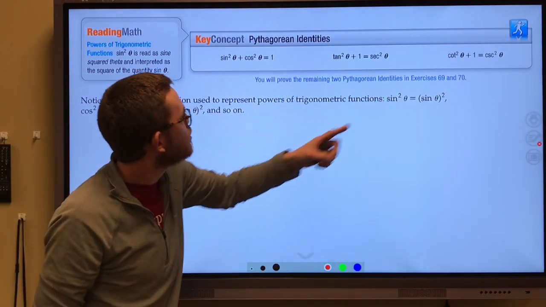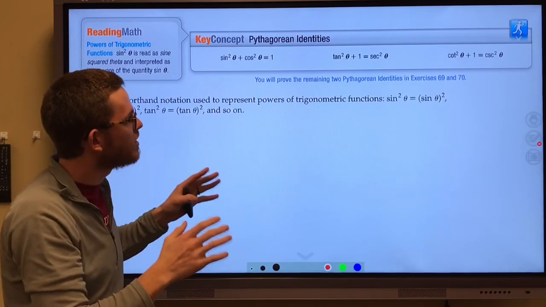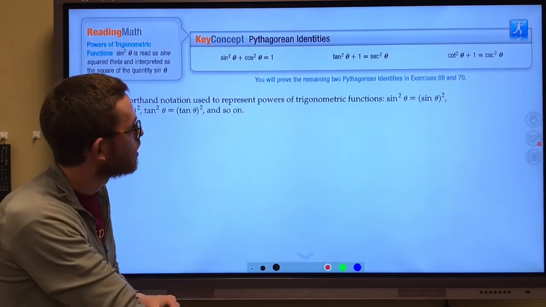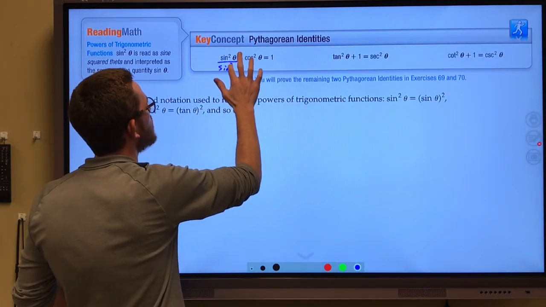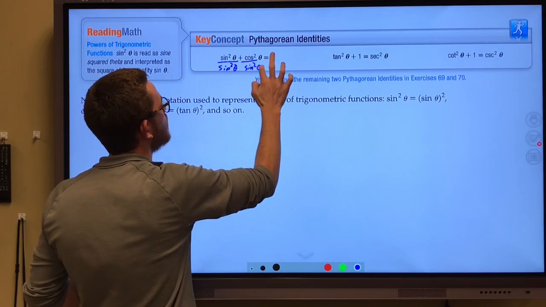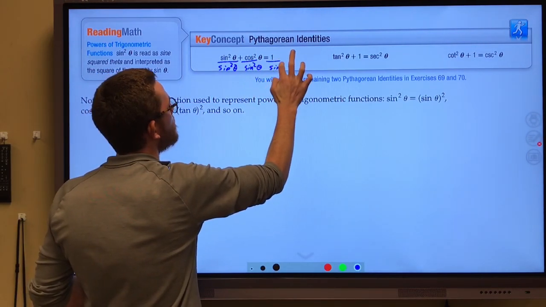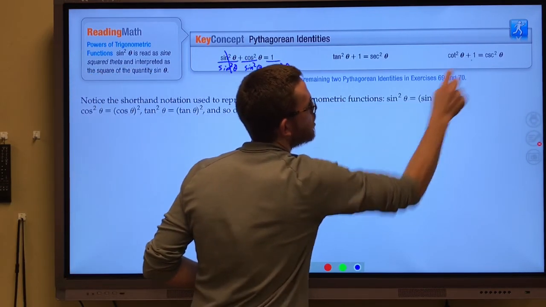And then we can get to cotangent squared theta plus 1 equals cosecant squared, because we could divide everything by sine squared theta. Sine squared divided by sine squared is 1. They put the 1 right there.